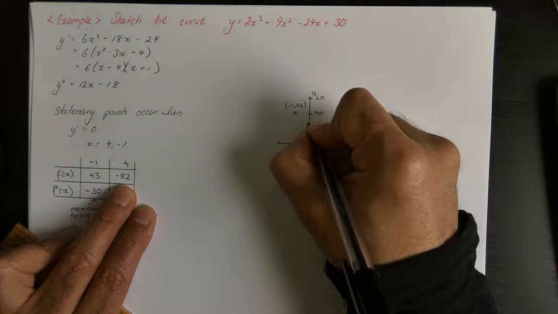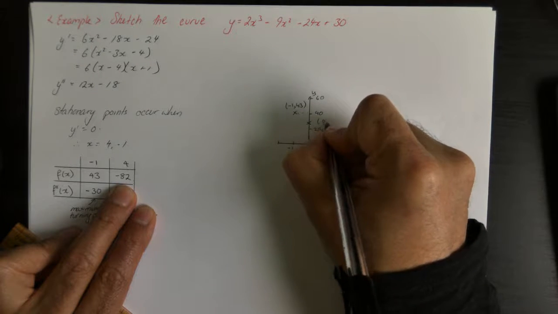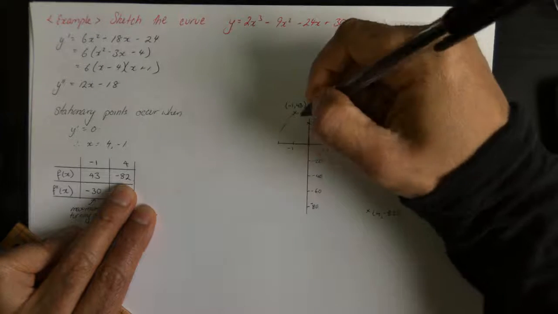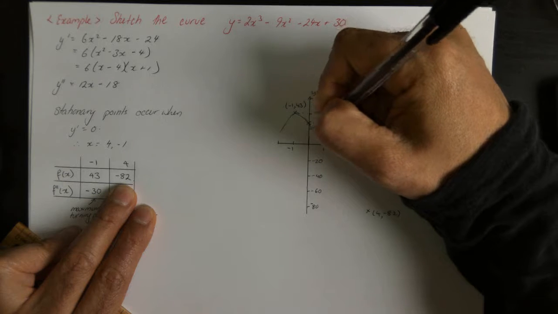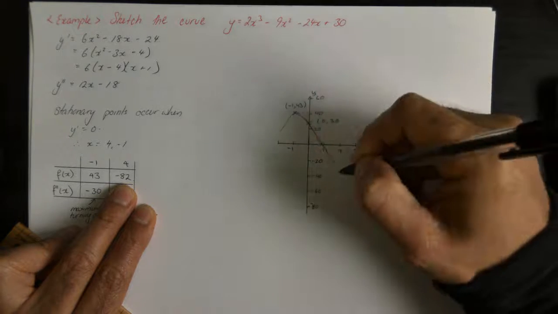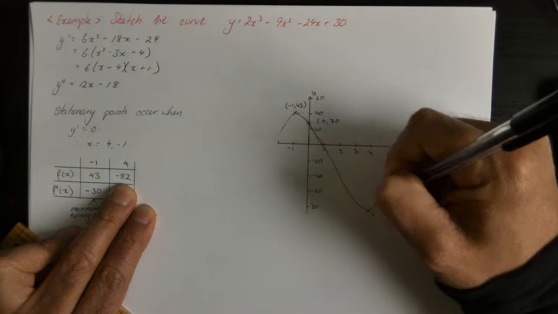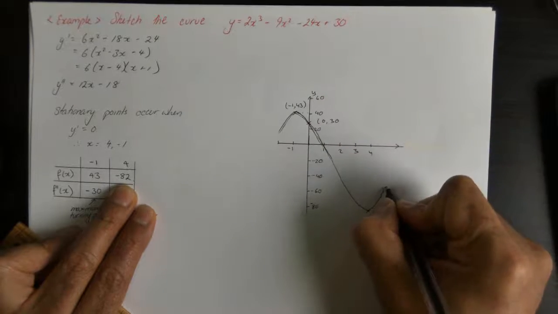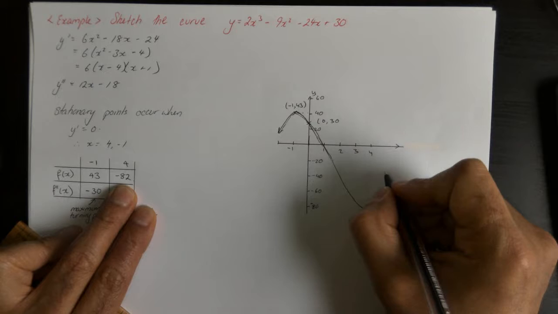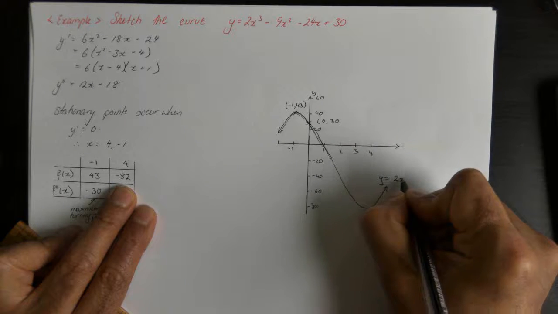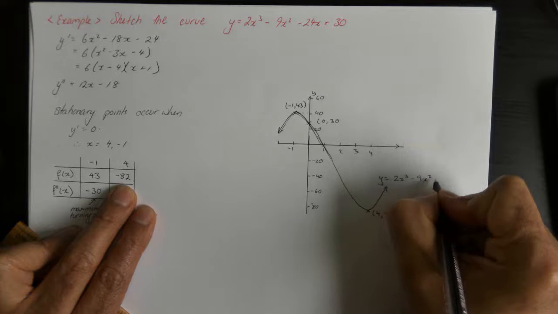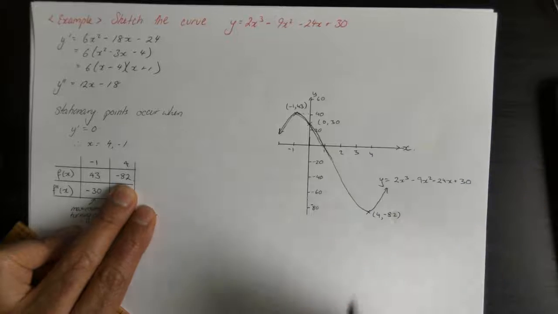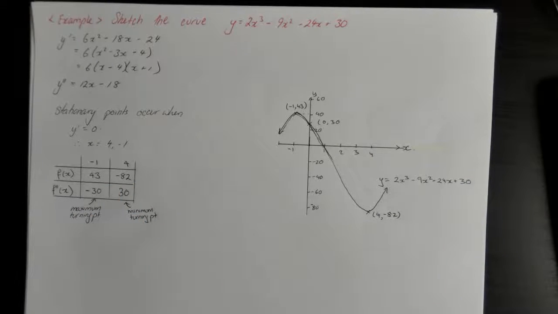And we get a y-intercept of 3. So the curve would look like that.